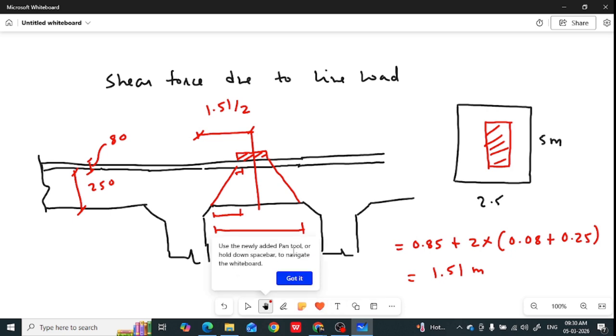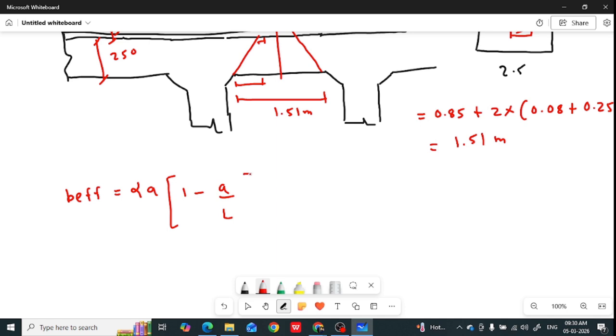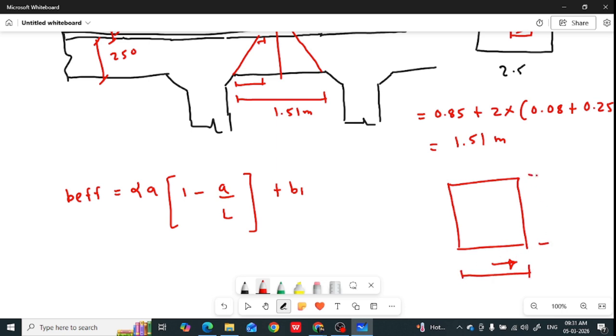Now we can find the effective width, and the formula of the effective width is B effective equal to alpha A bracket 1 minus A divided by L plus D1. Now you need to understand, when you are finding the shear force, you are treating the shorter span as the length of the slab. So this is the length of the slab and this is the lateral dimension of the slab in this particular case.